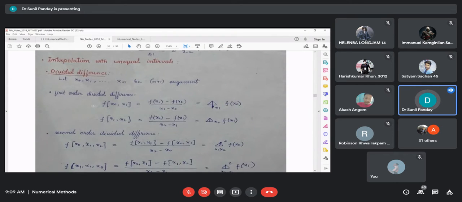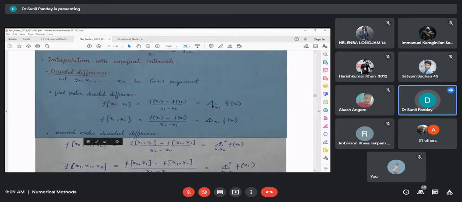I think this is again visible to everyone. If we are dealing with interpolation with unequal intervals, then also we can calculate finite differences, but we call this the divided difference operator.